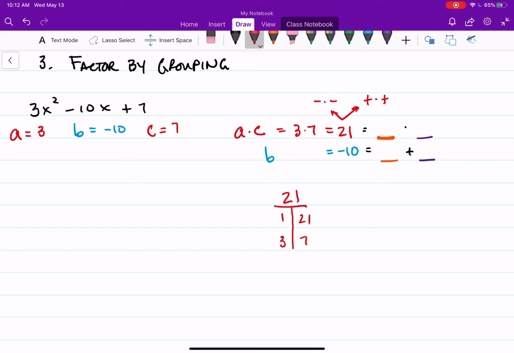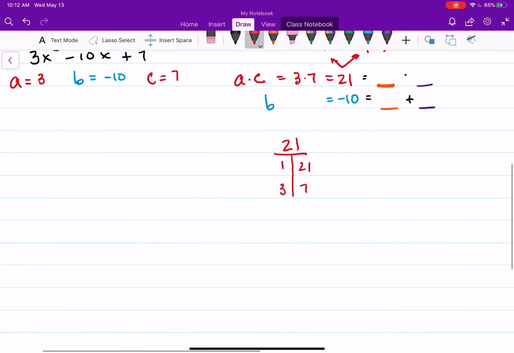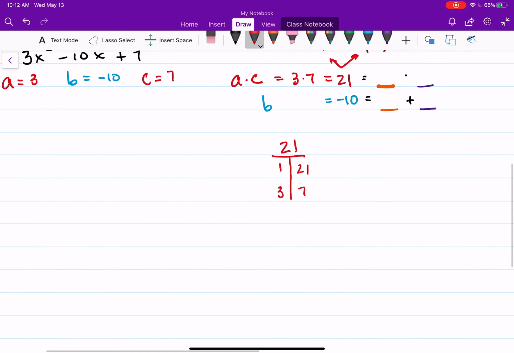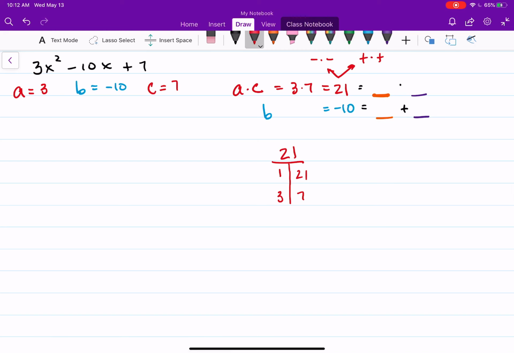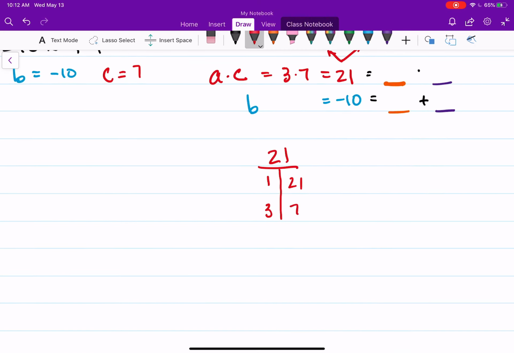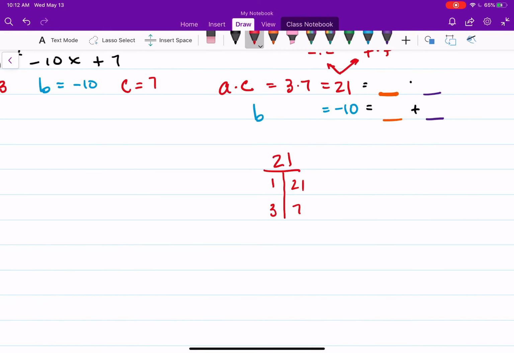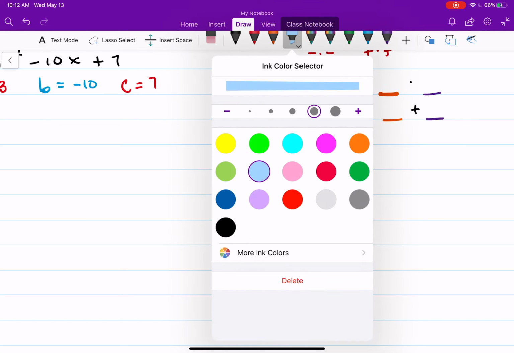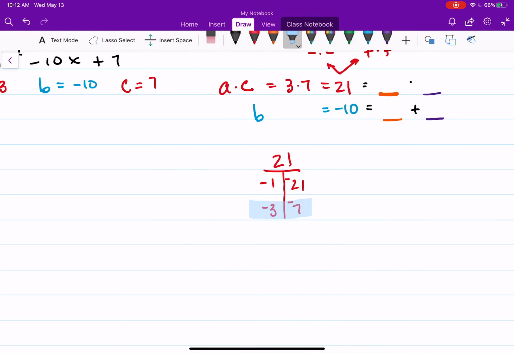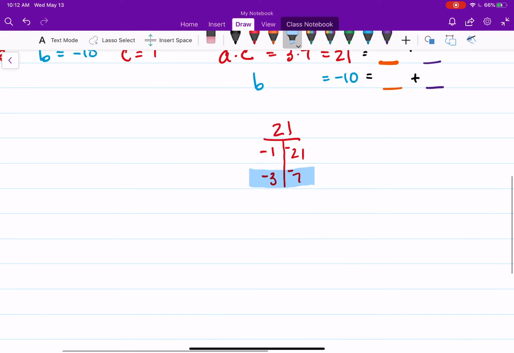But since I want the sum to be negative 10, I know that these have to be negatives.